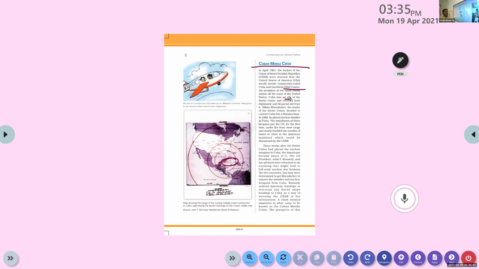Nikita Khrushchev, the leader of the USSR, wished to convert Cuba into a base of Russia. Base means a military base. Clear or not? By deploying missiles, weapons, and everything in Cuba, it is easy for Russia to attack America.